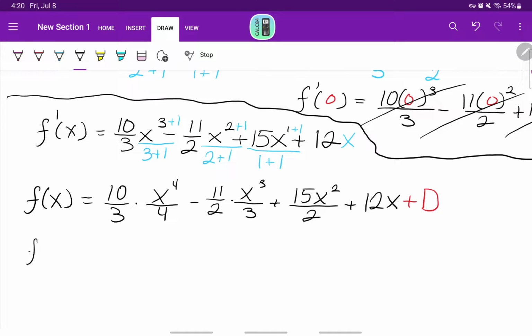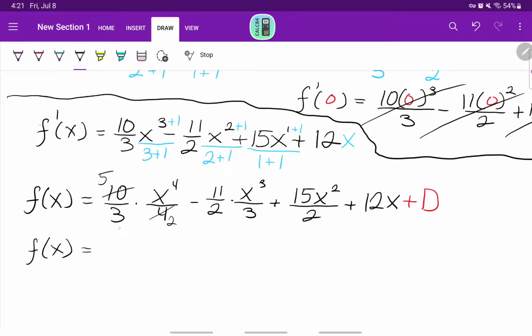And just to simplify that up, 10 over 4 has a common factor of 2. Let's divide 2 from the top, 2 from the bottom. So 10 divided by 2 is 5, 4 divided by 2 is 2.